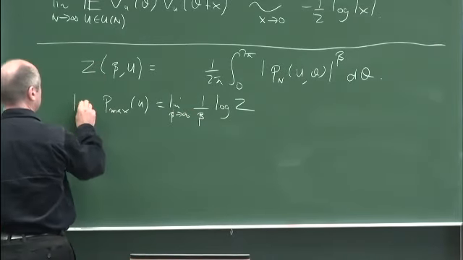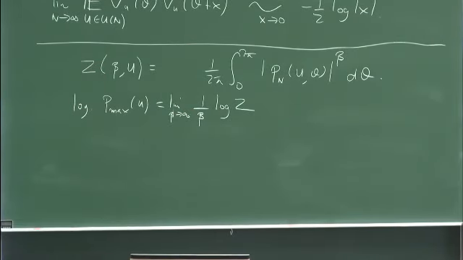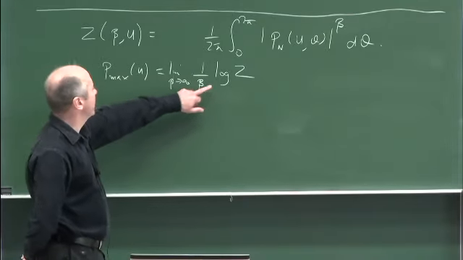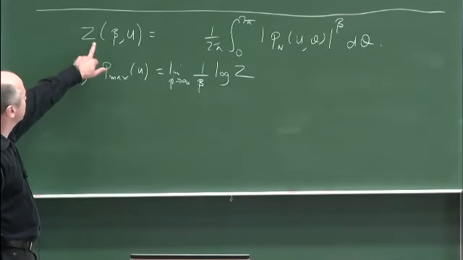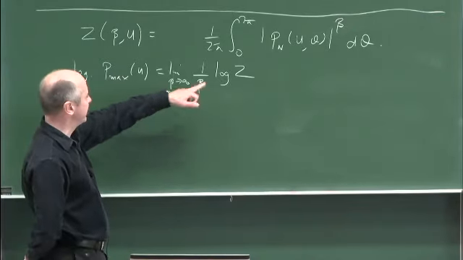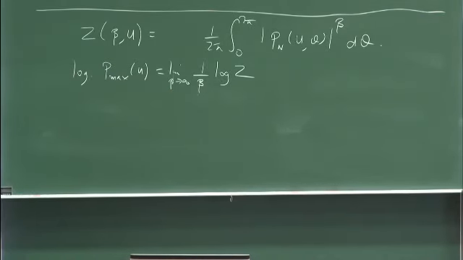So the log of p max. One can uncover the maximum value if one can uncover the dependence of this function on beta in such a way that one can take the limit as beta tends to infinity.